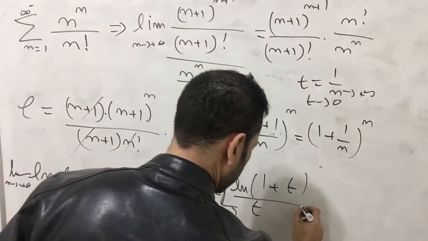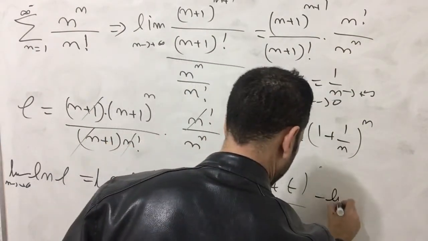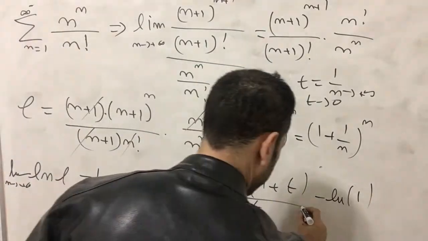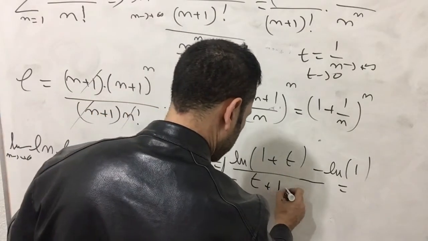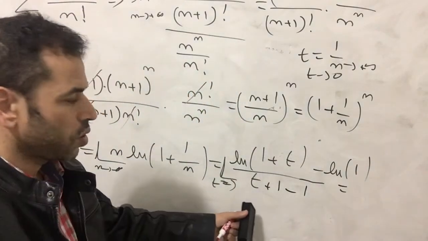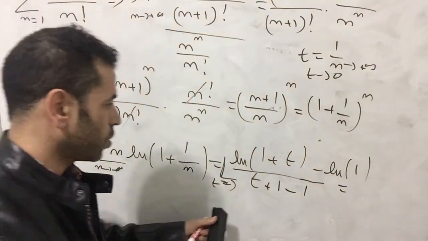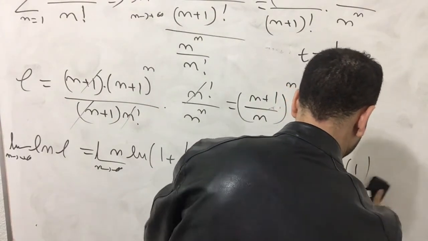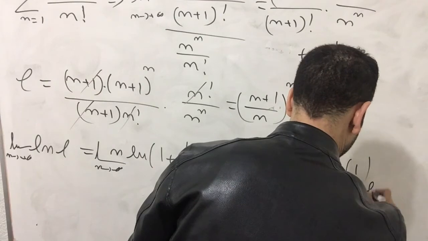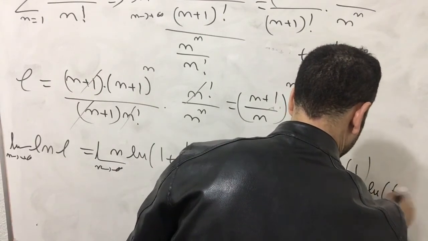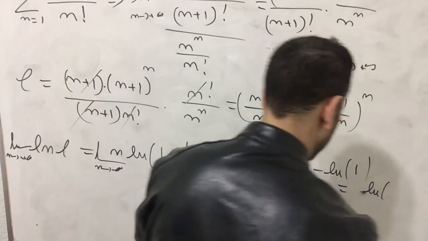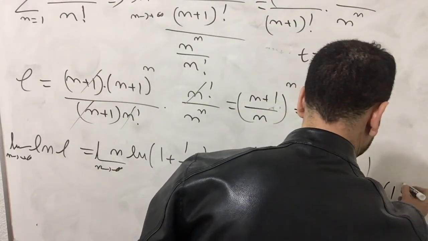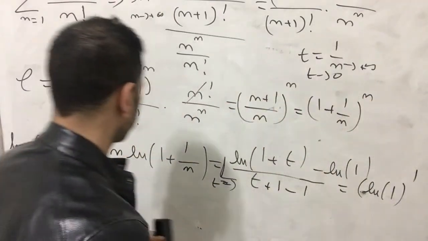So this is the natural log of 1 plus t, minus the natural log of 1, because the natural log of 1 equals 0, over (t plus 1) minus 1. This is equivalent to the derivative of the natural log function at the point 1.